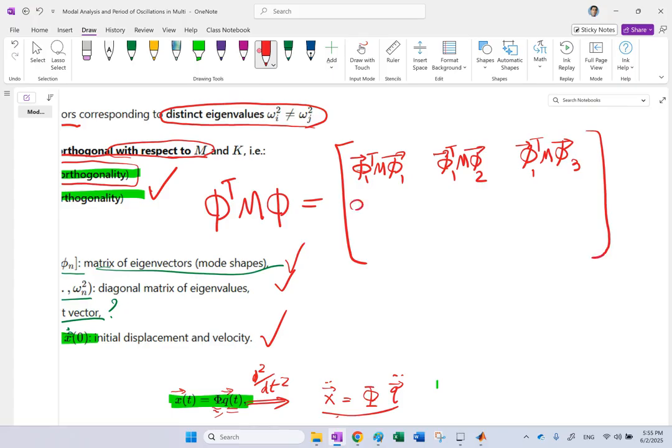And similarly, this is phi 2 transpose m phi 1, phi 2 transpose m phi 2, phi 2 transpose m phi 3.